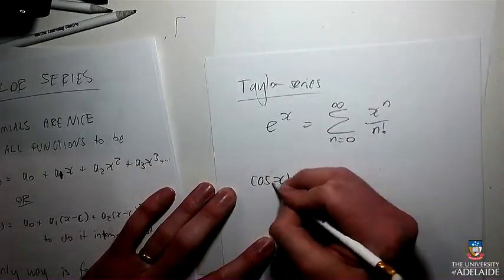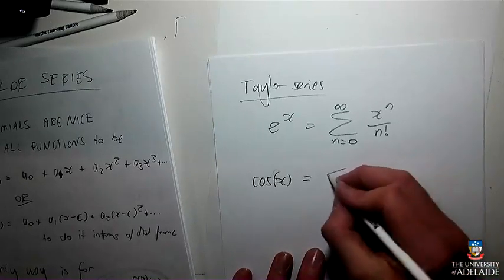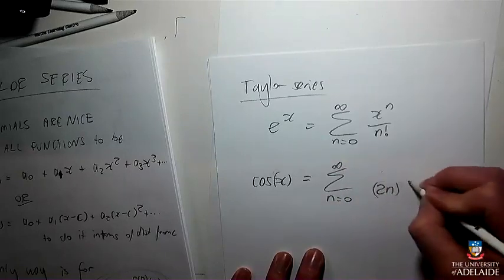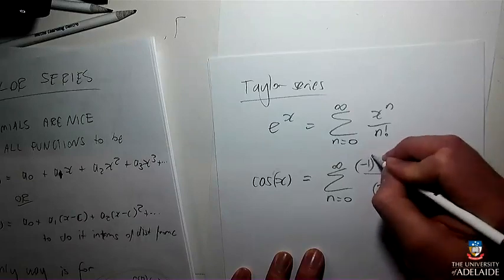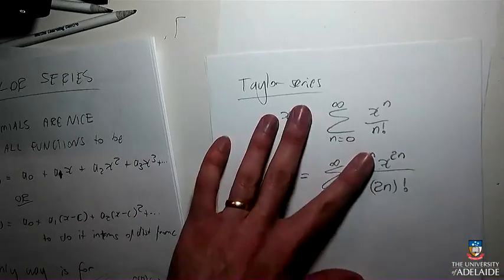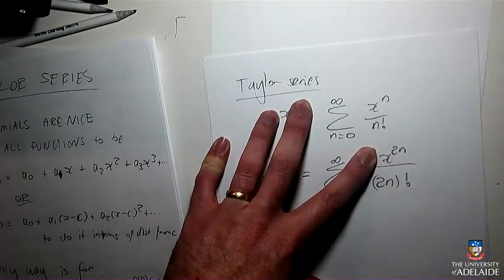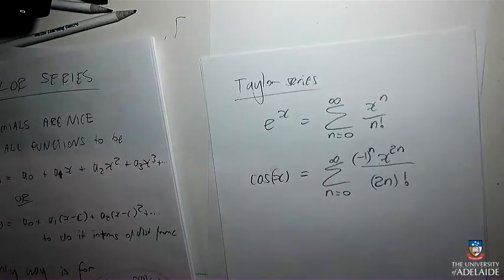Cos x is the same terms from e to the x, but the even-powered ones. And they alternate between plus and minus. So I take my x to the n over n factorial, I put 2n instead of n so that it makes it an even number, and then I do minus 1 to the n.